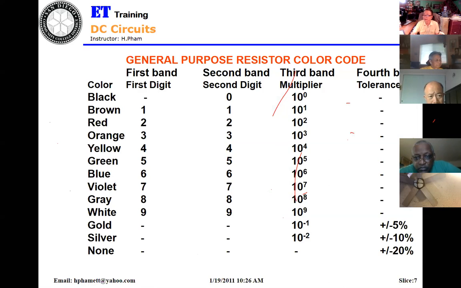And this is the way to calculate the value of the resistor based on the color. Okay, the first band has whatever number here. The second band, what color, what number, and the third band will be the multiplier, okay, by whatever number.